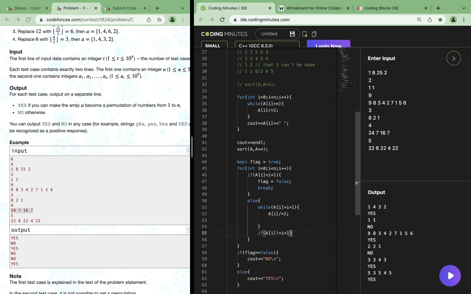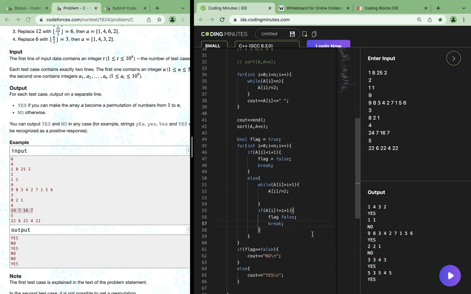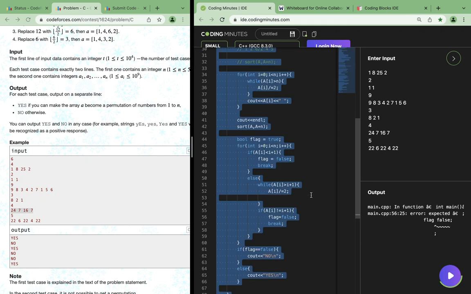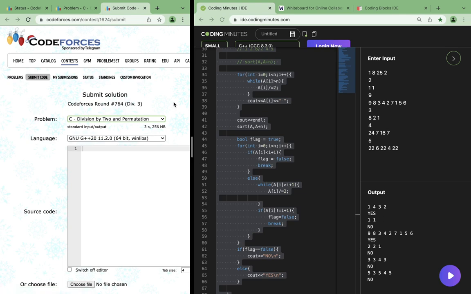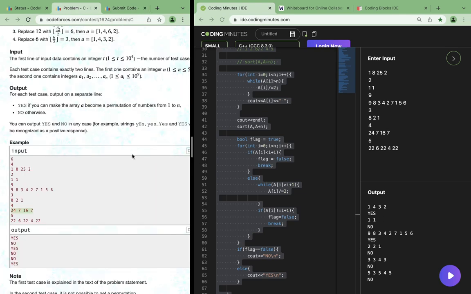If it's not, then we turn the flag to false, and then we just break. So yes, no, yes, no, no, and the last one should be yes. It's wrong.